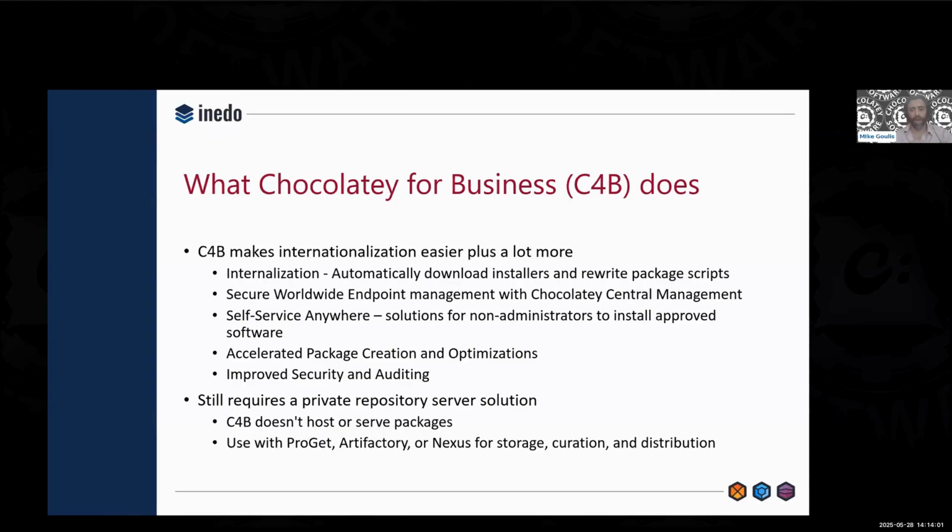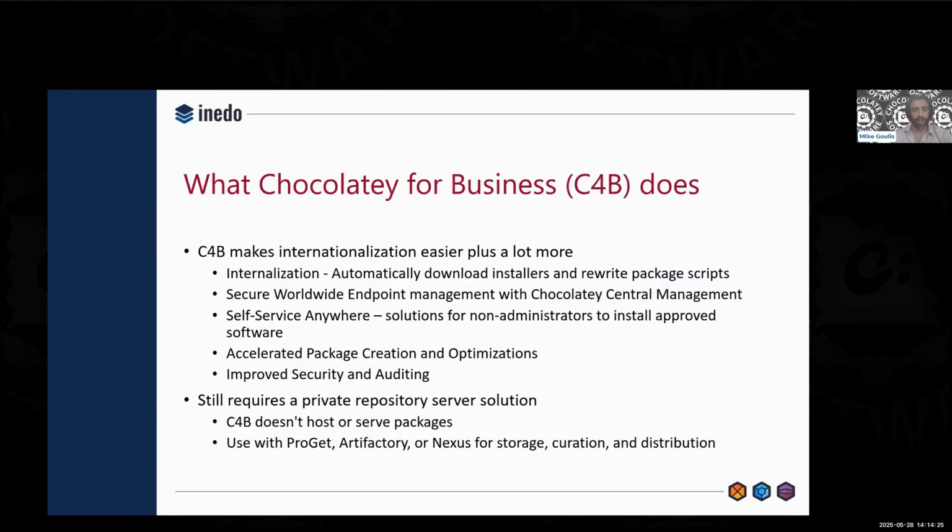But it is important to point out that Chocolatey for Business is not itself a private repository, right? It gives you better tools to create and use internal packages, but it's not a place to store, manage, or serve them across your infrastructure. That is why Chocolatey for Business is typically used alongside a private repository such as our tool ProGet.